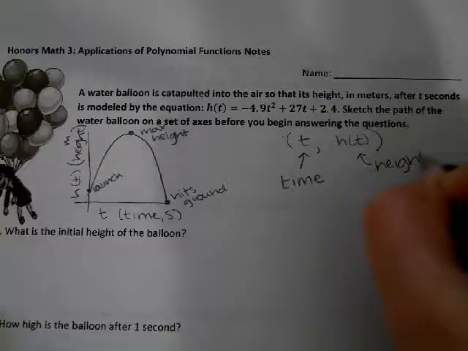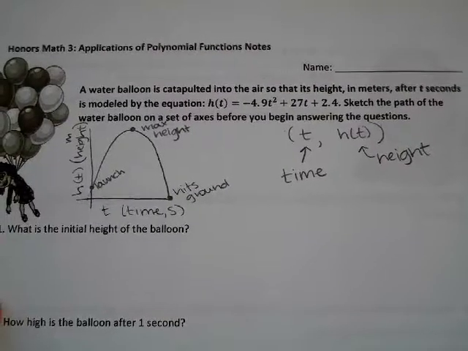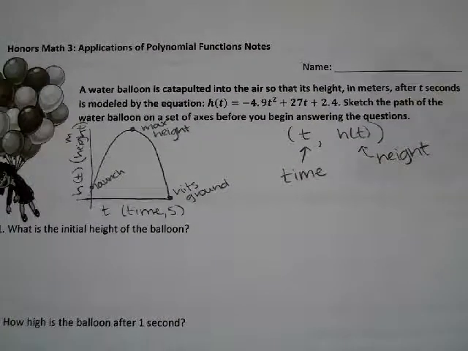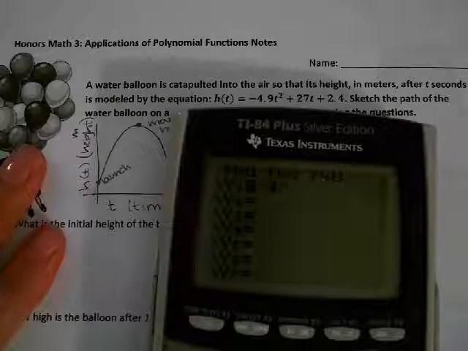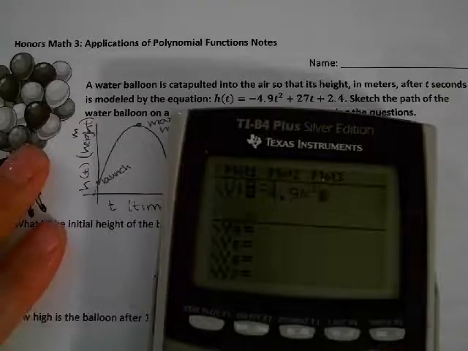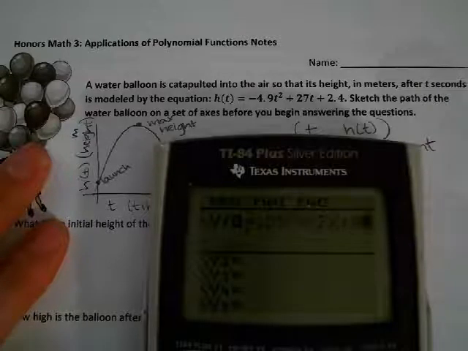Because even though this problem is in terms of t and h of t, our graphing calculators are always in terms of x and y. All right, so let's go ahead and plug the equation in. So I'm pulling up the y equals screen on my calculator, negative 4.9x squared plus 27x plus 2.4.